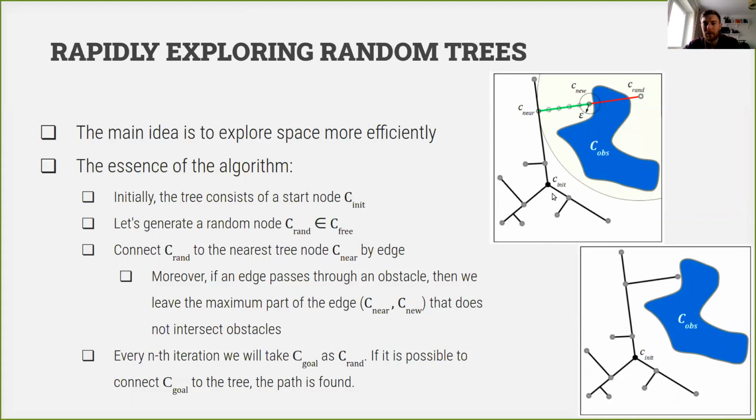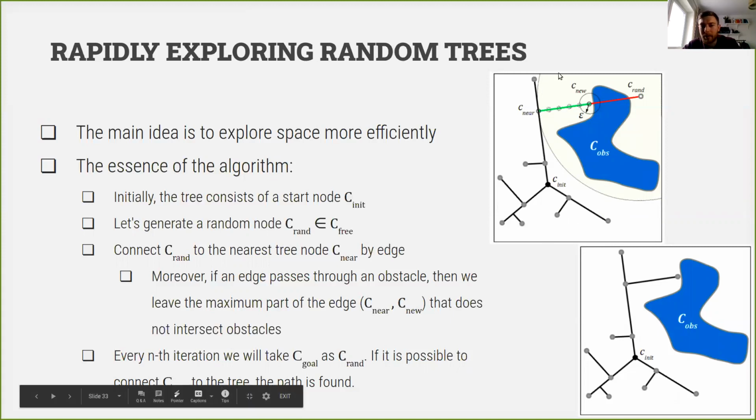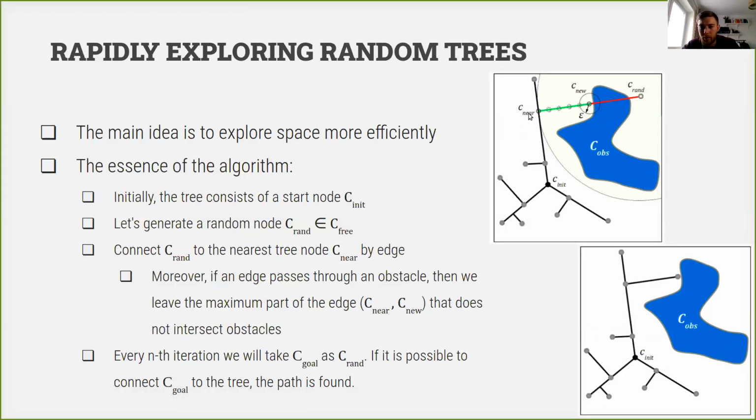And then again, we use our search algorithms to find the path here. And we stop building the tree by the following rule. Every some iterations, for example every 10th iteration, we take C goal as C rand. So we are not just randomly generating a new sample.